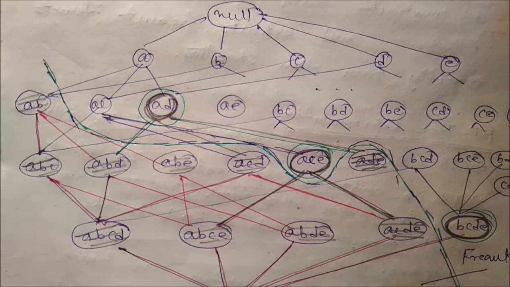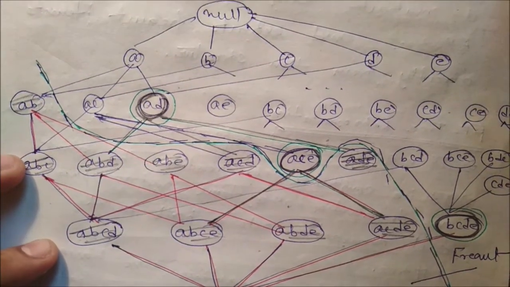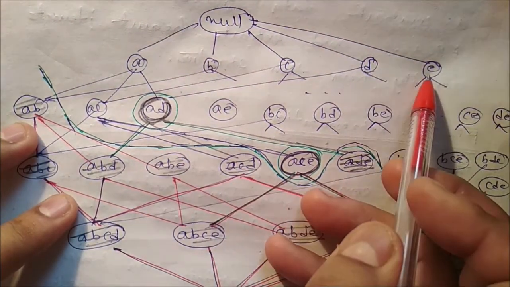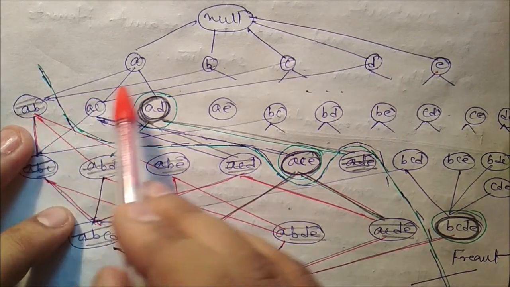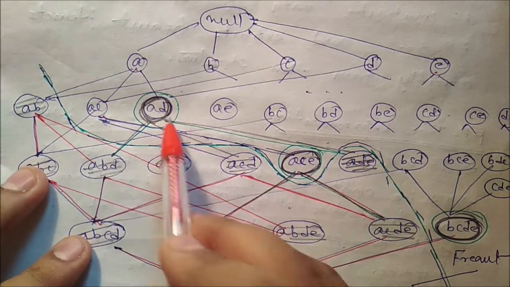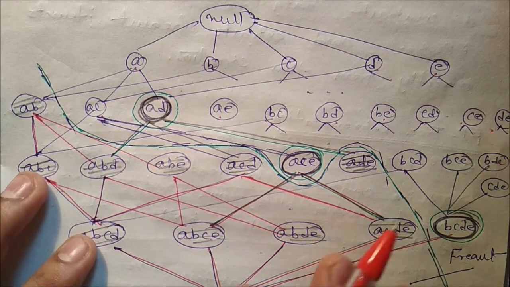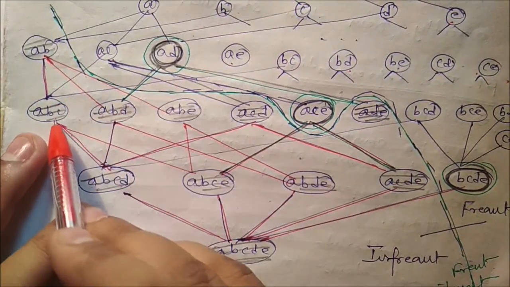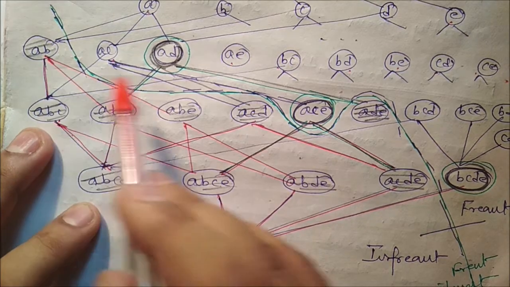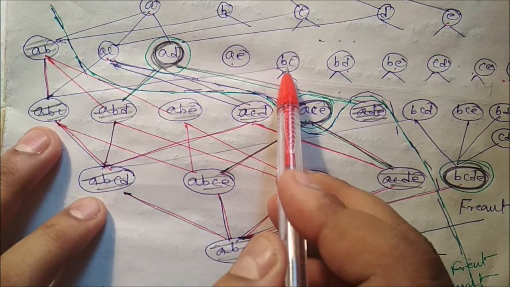If you see this particular example, here 5 items are there: A, B, C, D, E. So we can get two item sets: AB, AC, AD, AE, BC, BD, BE, CD, CE, DE. From these two item sets we can get three item sets: ABC from AB, AC and BC.